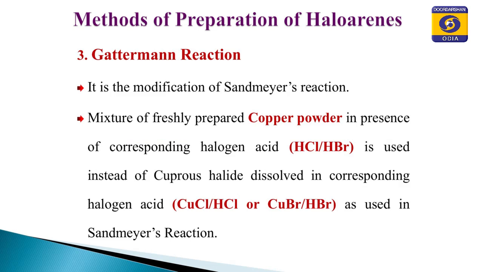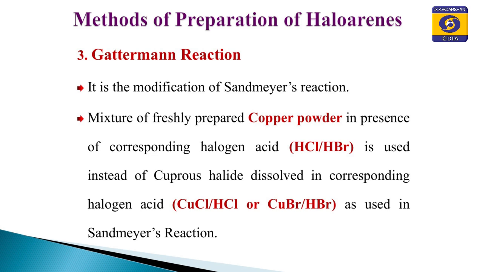But another method of preparation of haloarenes, mostly chloroarenes and bromoarenes, is the Gattermann reaction. What is the difference between the Sandmeyer reaction and the Gattermann reaction? In the Sandmeyer reaction, we use cuprous halide dissolved in the hydrogen halide or halogen acids, whereas in the Gattermann reaction, instead of cuprous halide, we use only copper powder.